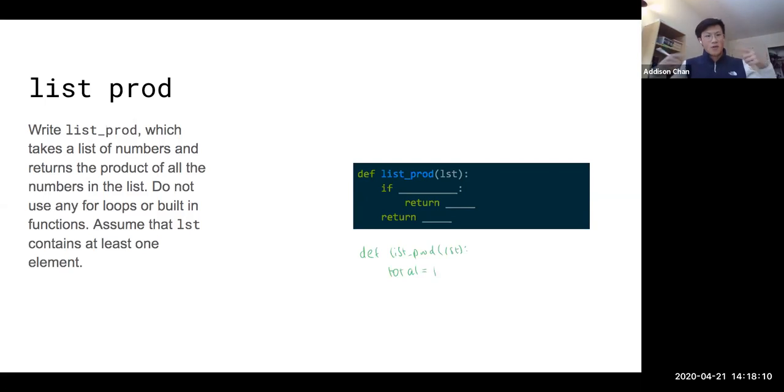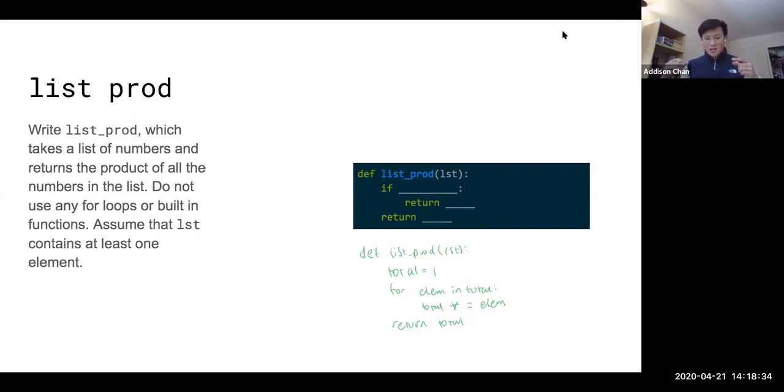Then we loop through everything in the list, multiplying it in there. For element in list, total times equals element, and then we return total. But there's not enough space in this problem for us to fit an entire for loop.